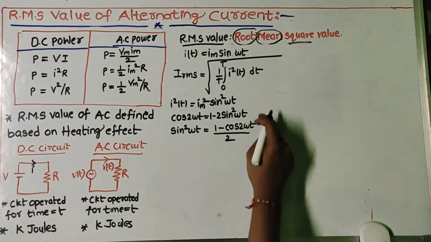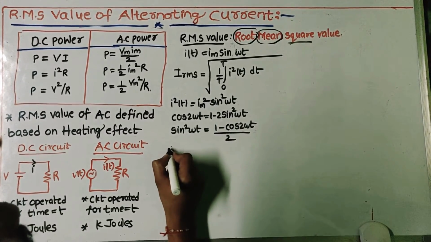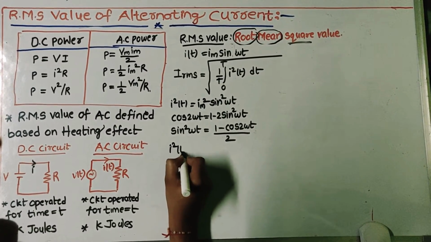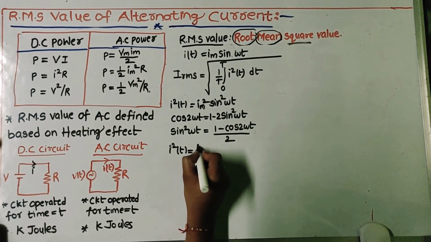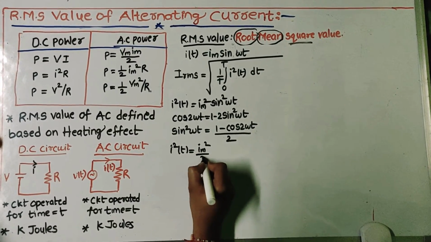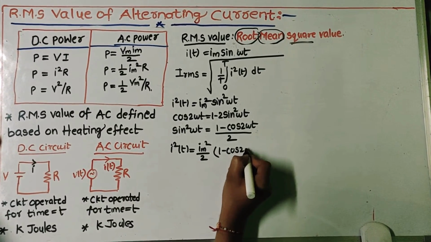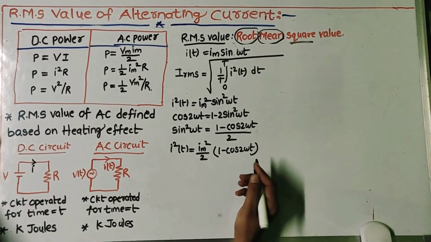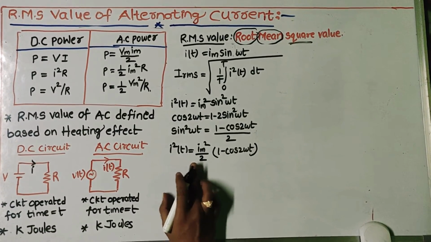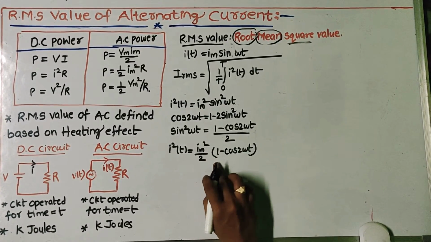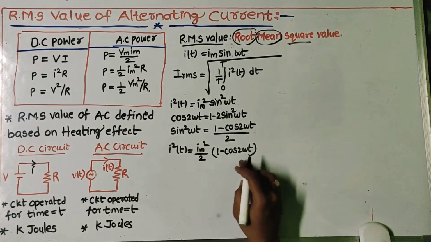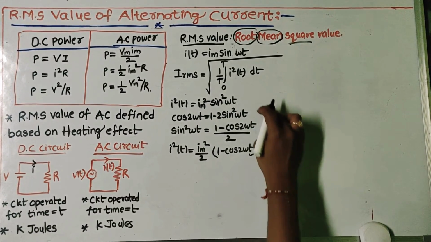So now I have the sin square omega t value. So you substitute this value here. Then I square of t becomes Im square by 2 into 1 minus cos 2 omega t. So now I have the value of I square of t, which is nothing but Im square by 2 into 1 minus cos 2 omega t. So substitute this value in the formula of IRMS.